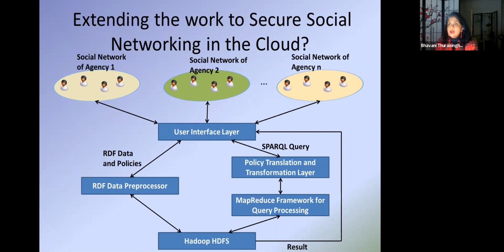And of course, today we have COVID-19. That's a dreaded thing that we're all going through. So what we said was, can we apply this to multiple agencies, all part of social networks, and how can we bring social networking technology together with the technology that we have developed? This is just a question.